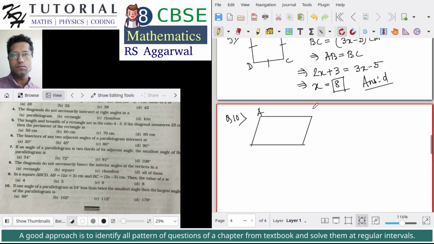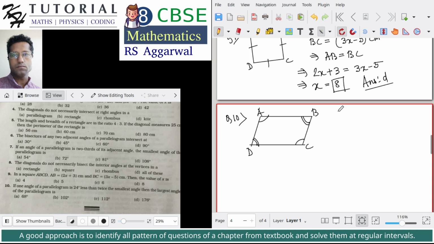If ABCD is a parallelogram, angle A is equal to angle C, and angle D is equal to angle B. So of the two different angles, the larger will be the greatest angle and the smaller angle will be the smallest angle.